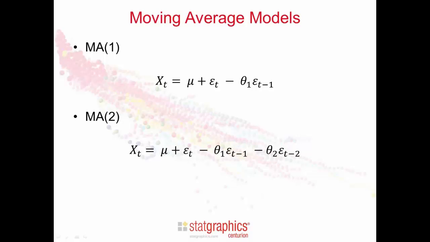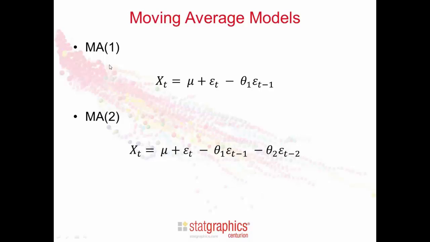Another class of models are those called moving average models. In a moving average model, for example, a first order MA1 model, we represent x sub t as being equal to a mean plus a shock that hits our system at time t minus some multiple of the shock to the system in the previous time period.